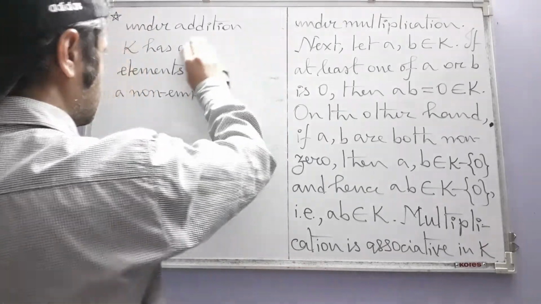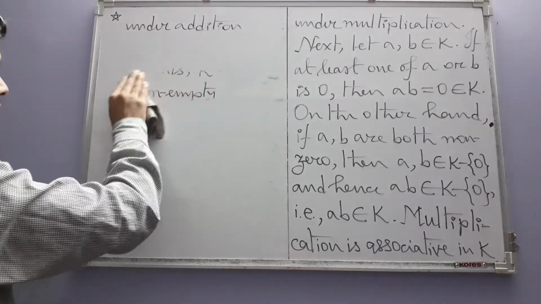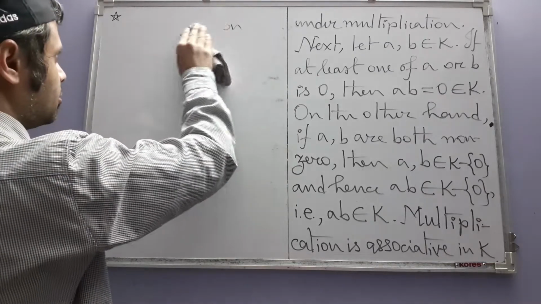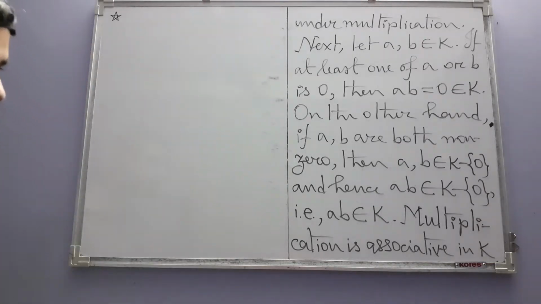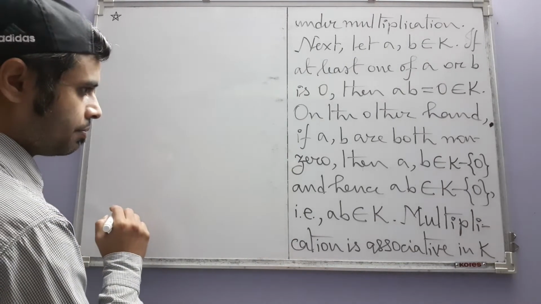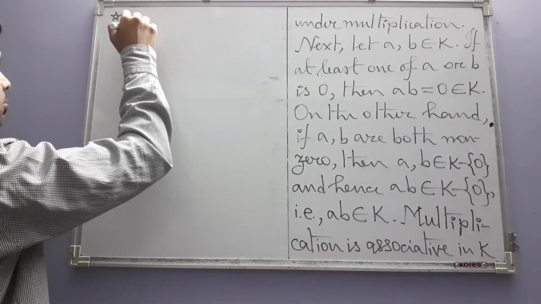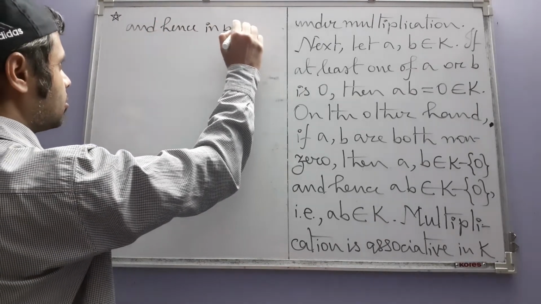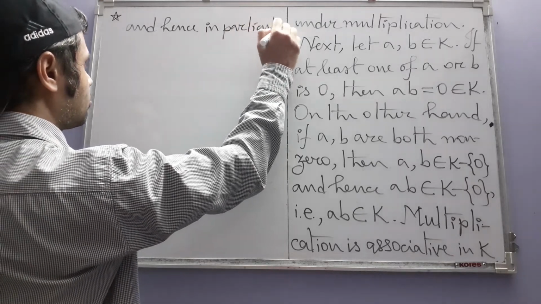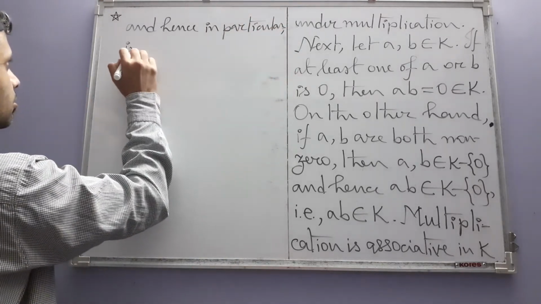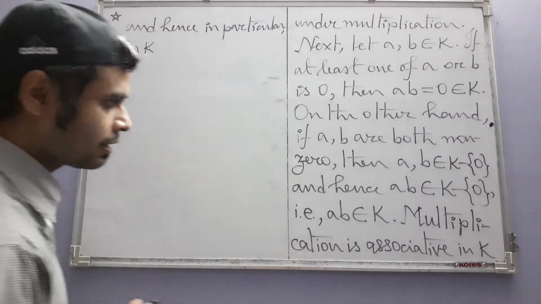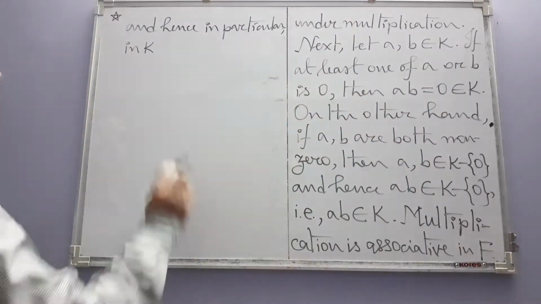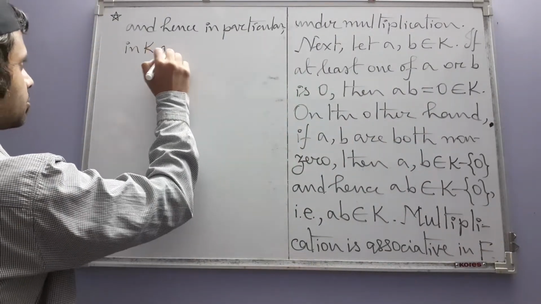Things which you just don't have to do anything for, you just write a line for them, and we will not always write that kind of things. So it is associative in F, and hence in particular in K as well.